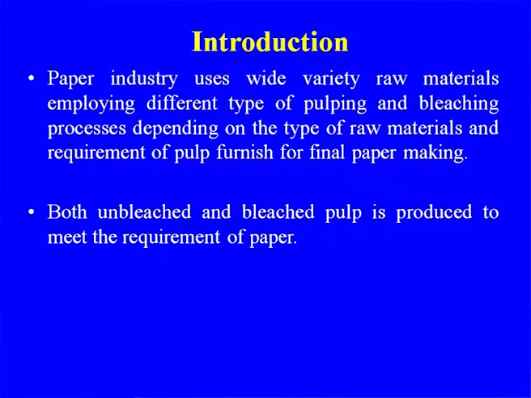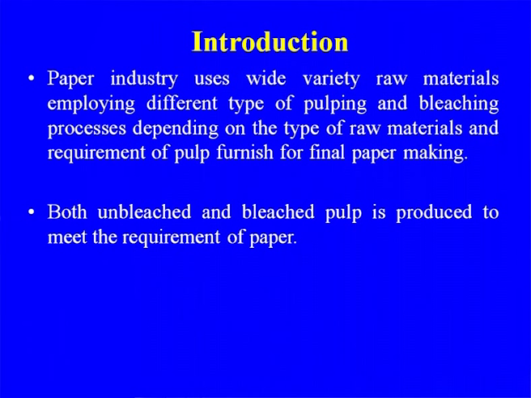So, already we have discussed the importance of the paper industry, but at the same time, as you know, we are using a huge amount of raw material, employing different types of pulping and bleaching processes depending upon the type of raw material and the requirement of the pulp for final paper making.